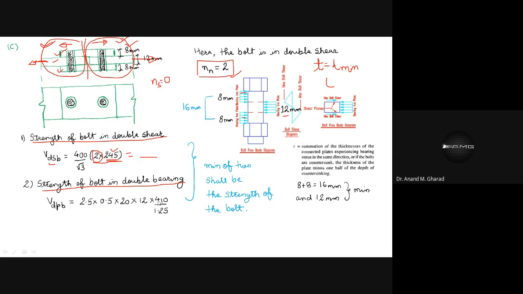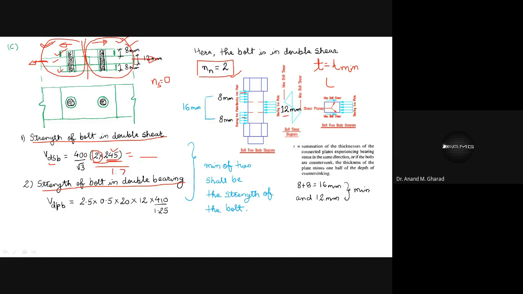Then how much does it come to? Just let me know. How much does VDSB come to? But we need to divide by the partial safety factor for the design. Yes, that should be there. Correct, because this is design. This has to be divided by 1.25.